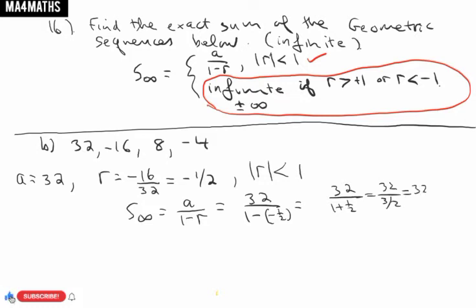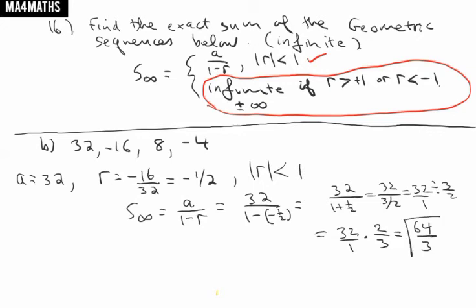So this is 32 divided by 3 halves. What does that mean? It means 32 over 1 times 2 over 3, which is 64 over 3. And we want an exact answer, so please don't simplify further. That is sufficient. So it's not an issue once you set that up properly.